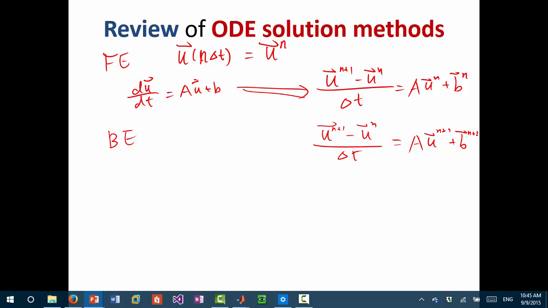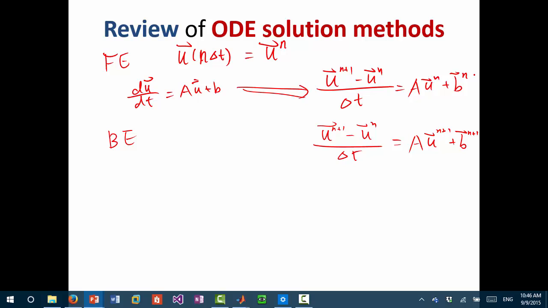And backward Euler is basically stable for anything but a small circle, so it is much more stable than forward Euler. For some systems, you may find for forward Euler you're going to get infinity or not a number pretty soon, but with backward Euler you may get stable solutions.